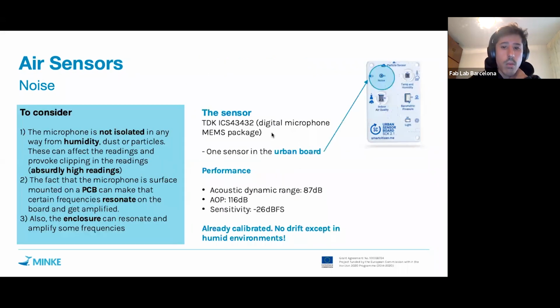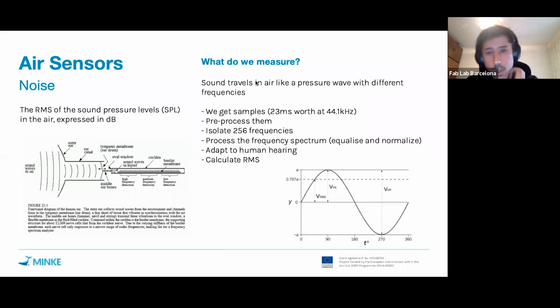After that, we do not perform any other correction, and just to be clear, the only data that we collect is 23 milliseconds worth of sampling, which is of course not listening to anyone's conversations, and we also perform the FFT. All this data is available as well if you want to analyze it, and there are some examples on how to collect that data in the documentation.